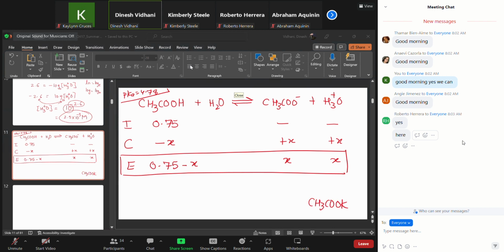Very good. Oh, that's great, actually. I got two students giving me the exact same concentration, 0.25 molar. Very good. Okay, so now I'm adding from outside in this equilibrium 0.25 molar acetate ions. Can you tell me how the new ICE table should look?